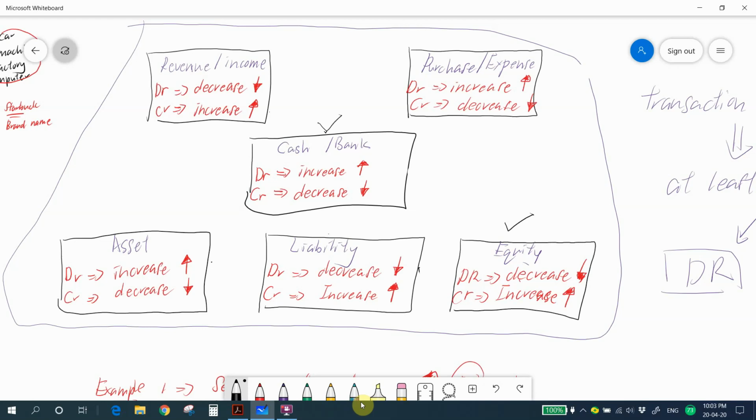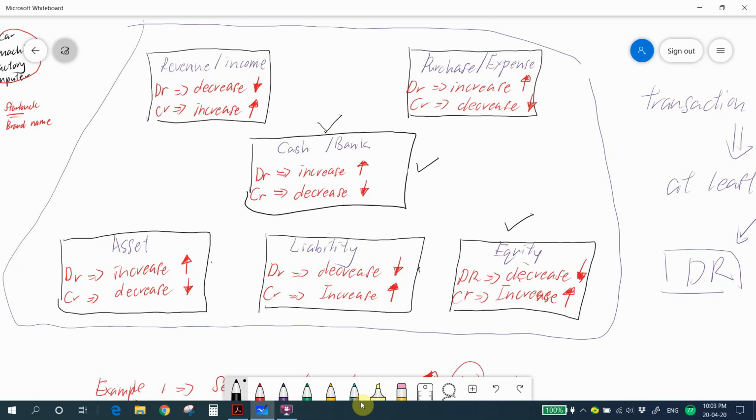So when the owner puts more money in the company, the cash and bank account will become more or become less? The answer is become more. The company cash and bank balances will become more when the owner injects the money to the company as capital. On the other hand, let's look at the equity.